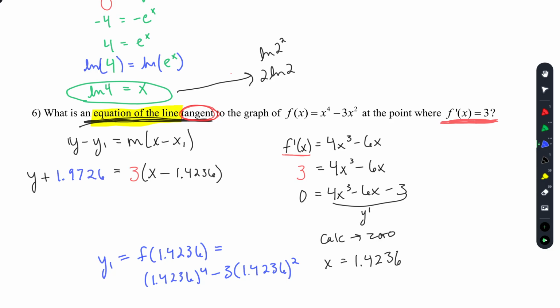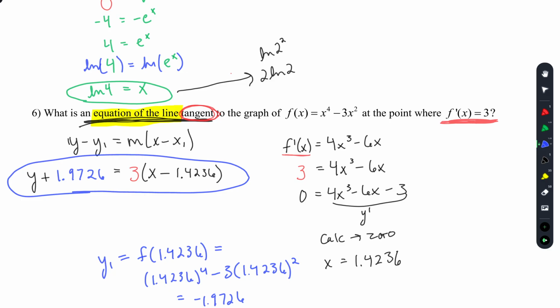Is that what you got? That's what I got. And that's your equation of a line. Don't solve for y. It's a waste of life. Just leave it. Beautiful. Sorry, that was a long one. Product and quotient tomorrow. That was so fun. It was fun.